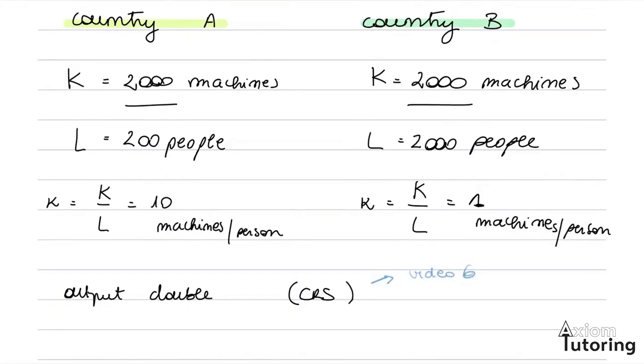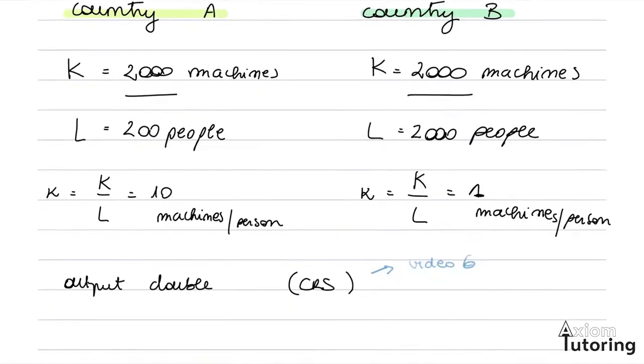So even though output would double thanks to constant returns to scale of the production function, there would also be double the people enjoying this extra output.